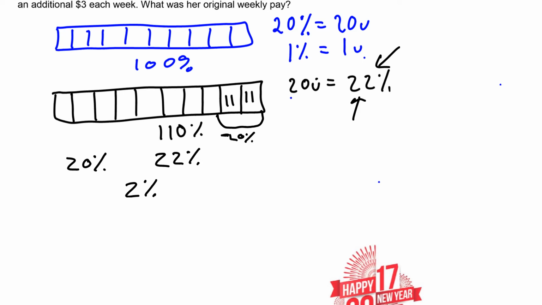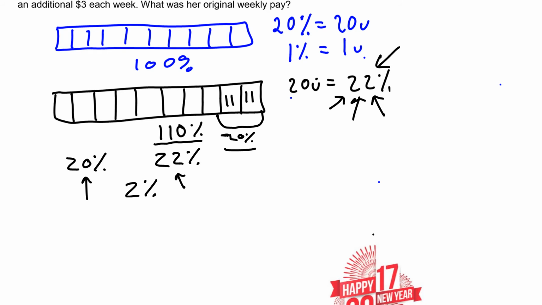Originally, 20% savings. After the raise, 22%. Because again, 20% of 110% is 22%. Now it says it's $3 more that she's putting in her pocket.